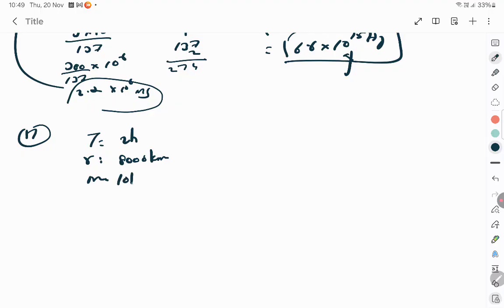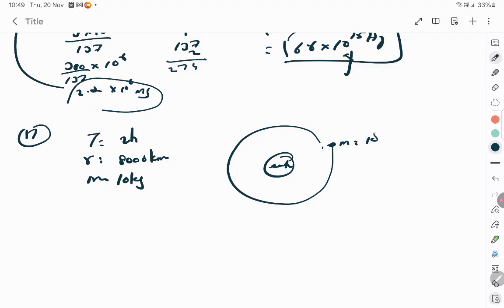The satellite is revolving around the Earth. The mass of the satellite is 10 kg, it takes 2 hours for the time period, and the radius is 8,000 kilometers. Yes, I understood this. Seems like a gravitation lesson in 11th standard.